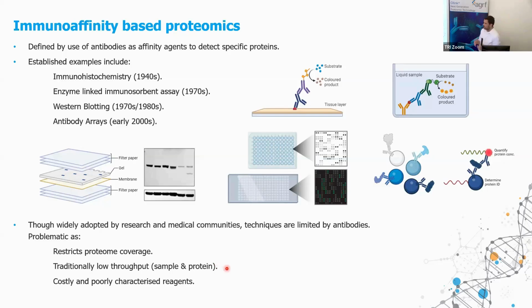Consequently, there's traditionally a lower throughput, both in the samples that you can analyze. There's only 12 or 15 lanes in a gel, and then the numbers of proteins that you can analyze at any one point. And also, not to throw shade on any vendor of antibodies, but some vendors don't provide the best antibodies. I should know, again, my PhD.